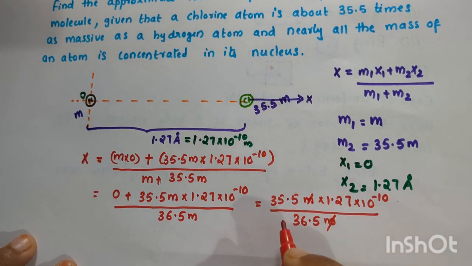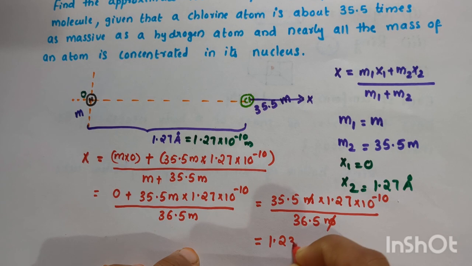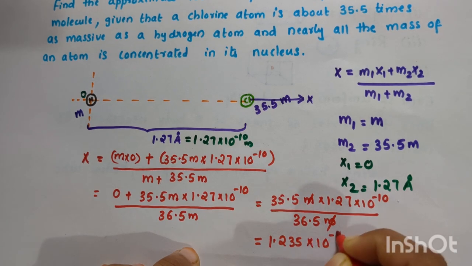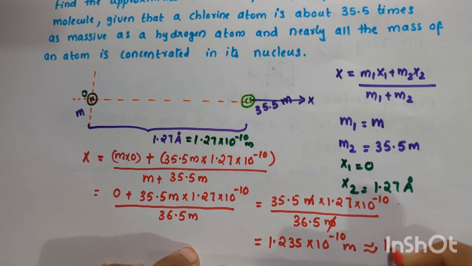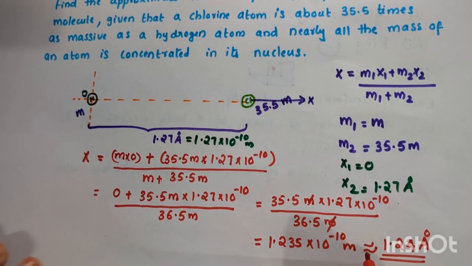When you do this calculation, you get 1.235 into 10 raised to minus 10 meter, which can be approximated to 1.24 into 10 raised to minus 10. So 10 raised to minus 10 meter is an angstrom, and we can write it as 1.24 angstrom.